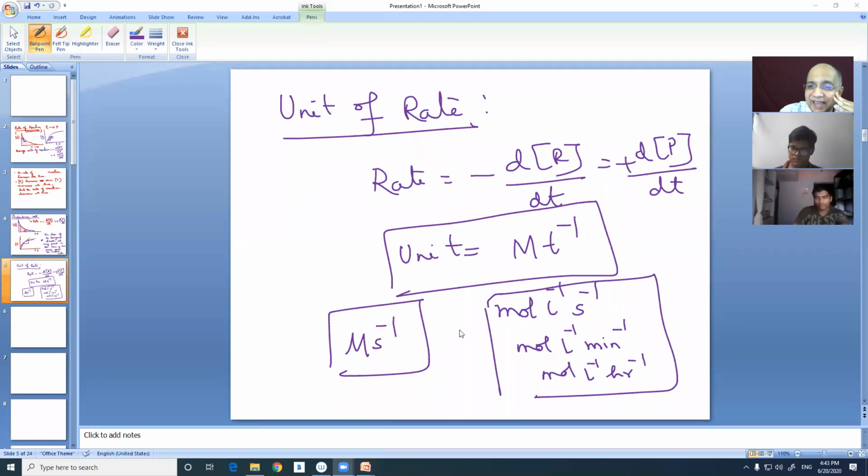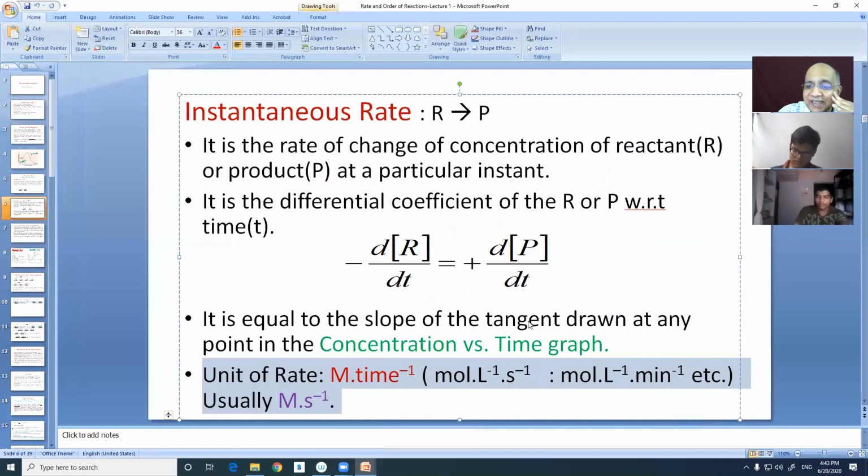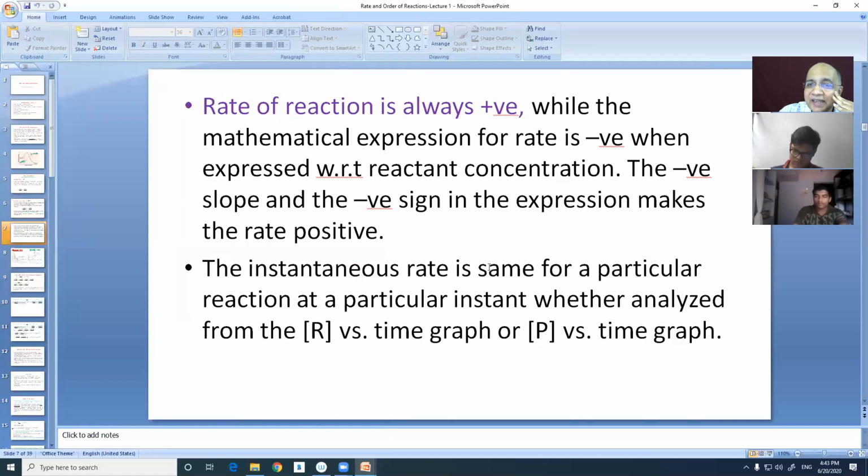Yes. Now I would like to show you here. Have a look. I have already given you the dictation. The rate of reaction is always positive, while the mathematical expression of rate is negative when expressed with respect to reactant concentration. The negative slope and the negative sign make the rate positive.